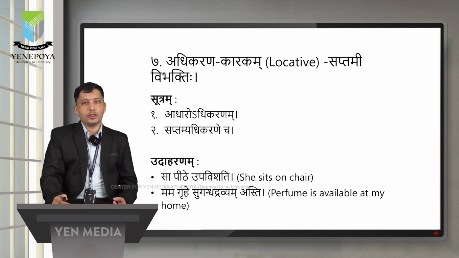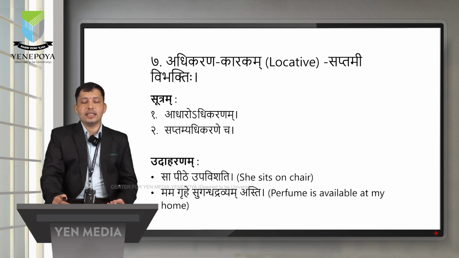As per the sutra, the base or support represents Adhikarana karaka. In Sa Pithe Upavishati, for the purpose of sitting, a chair or any furniture used for sitting is Pithaha here. That Pitha word is the support for sitting, that's why it represents Adhikarana karaka and is in Saptami Vibhakti.